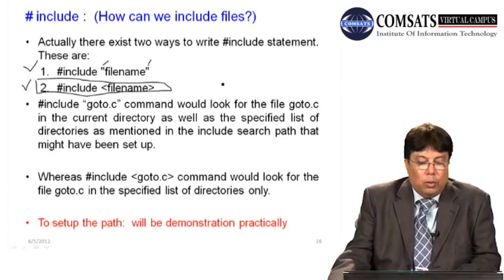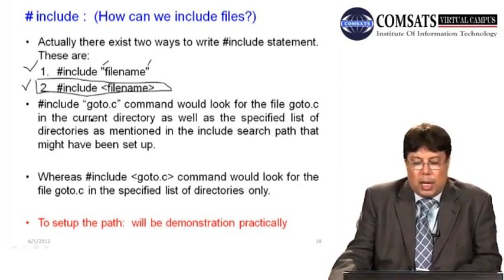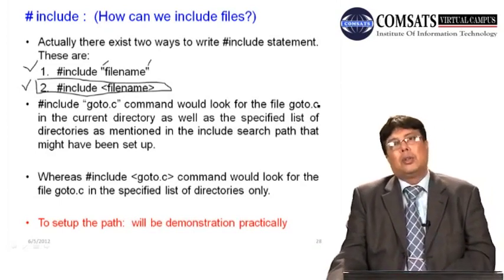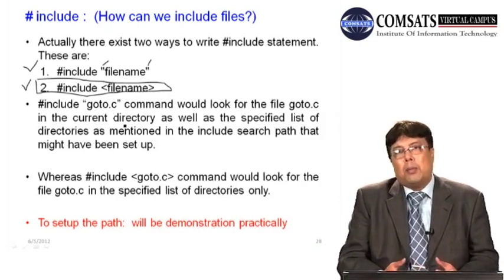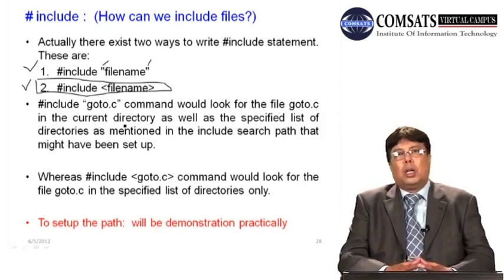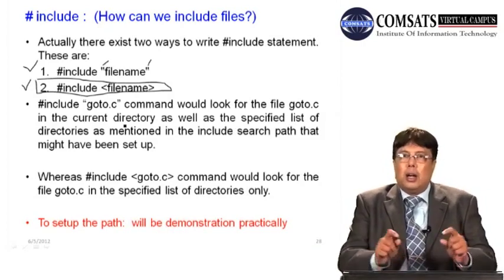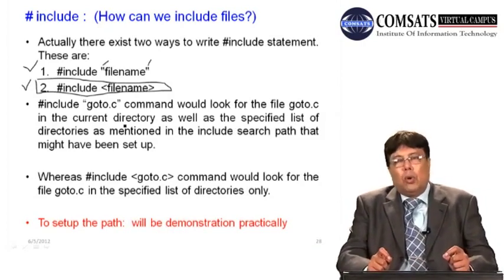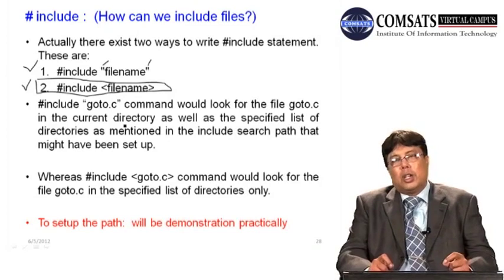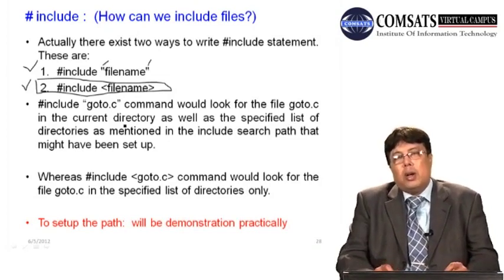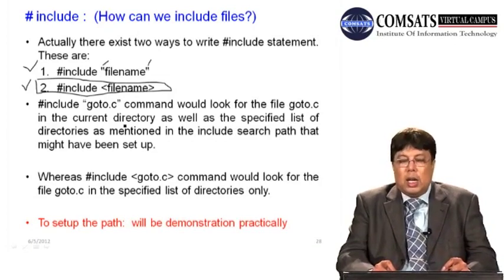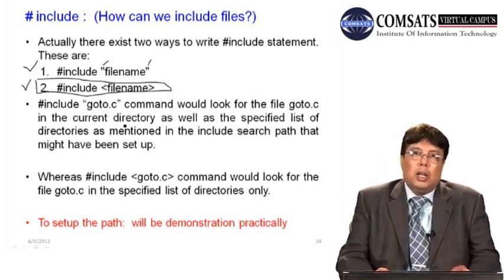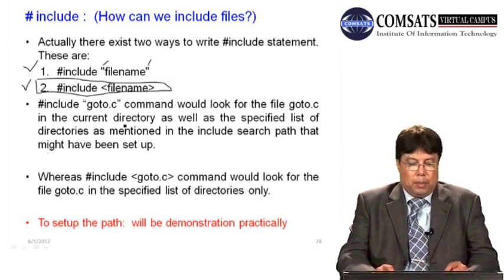When we include a file, for example, goto.c, the command would look for the file goto.c in your current directory. जो आपकी default directory है, जिस directory में आप काम कर रहे हैं. So when you put the header file under double quotes, then the system searches करता है उस file को in your default directory, which is your current directory, or the directory that you have defined in the environment.